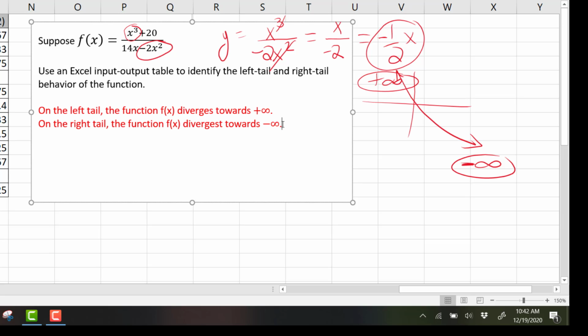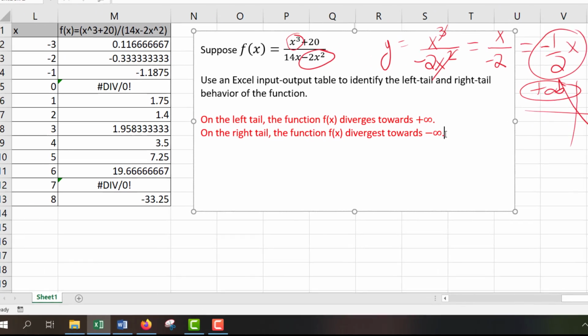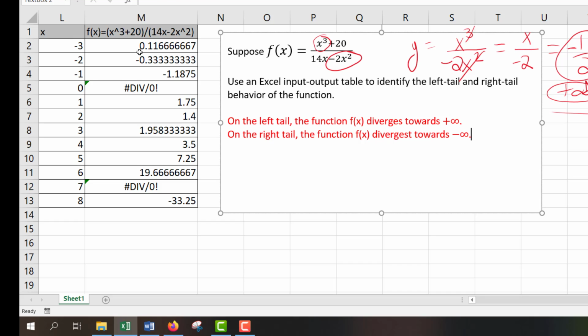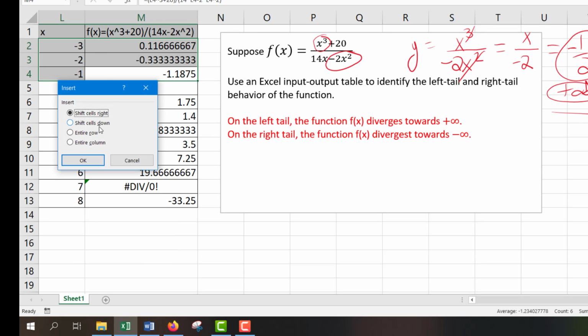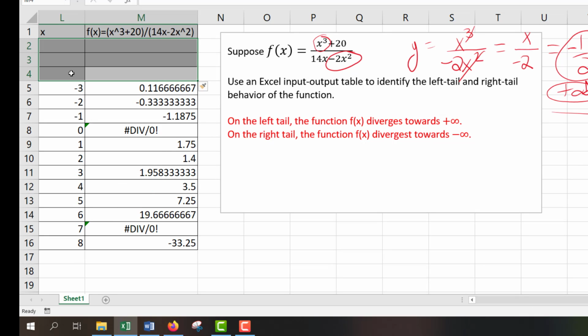Now let's just use the input-output table in Excel and make sure that it actually does that. So on the left tail, I'm going to insert rows into the table and explore the behavior on the left tail by inputting x values such as negative 100, negative 1,000, negative 10,000.